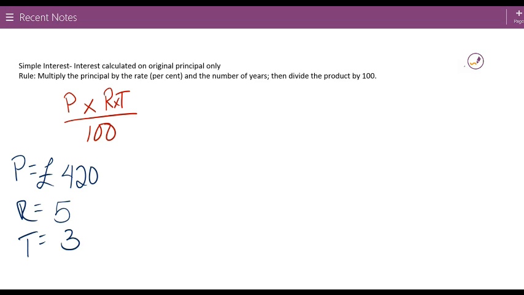So in an example from our text, someone borrowed 420 pounds at 5% a year for a total of 3 years. So we have 420 times 5 times 3 over 100. It doesn't really matter what order we multiply things in.